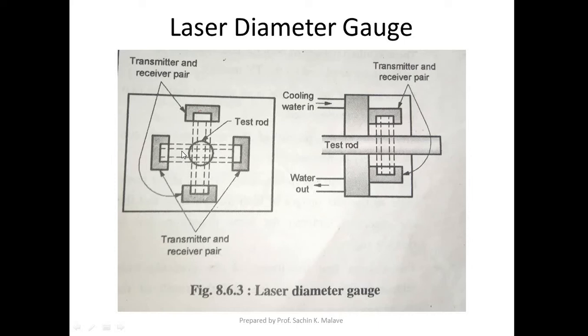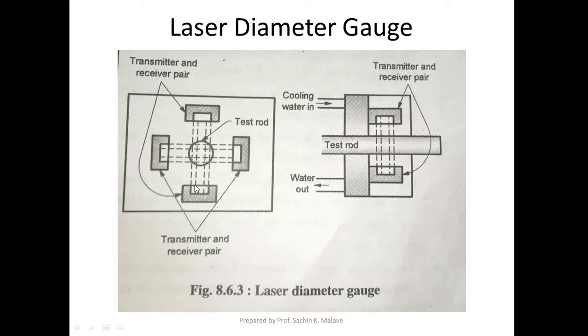So that relation can be established. As we discussed, there are two pairs of transmitter and receiver. This is one pair and this is another pair. The basic objective is to observe this particular rod from two angles.